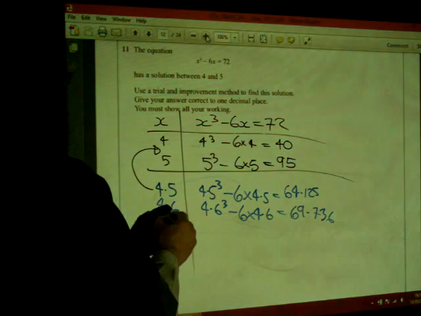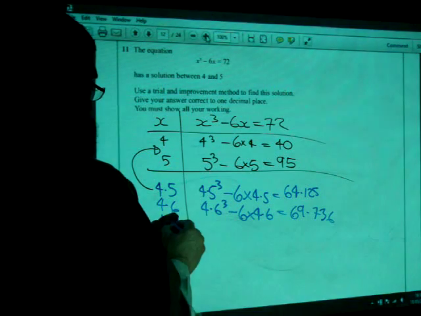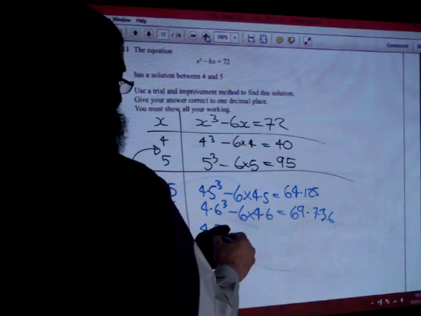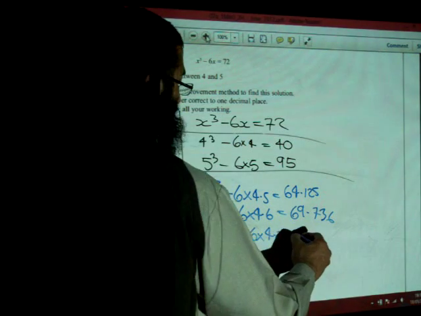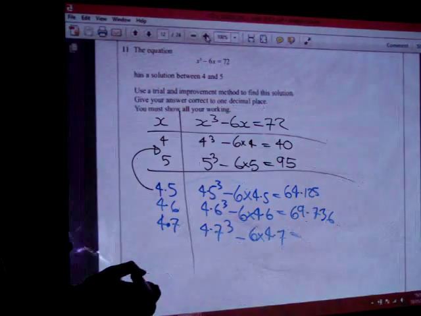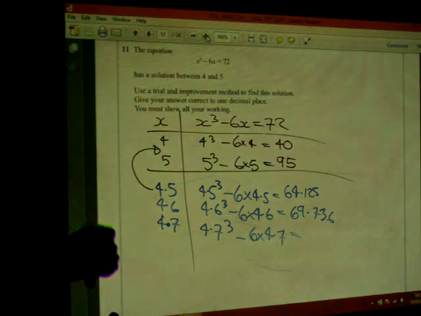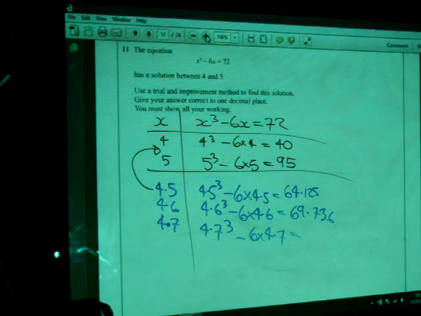One more. So let's try 4.7. We do 4.7 cubed minus 6 times 4.7. That gives an answer of 75.623.